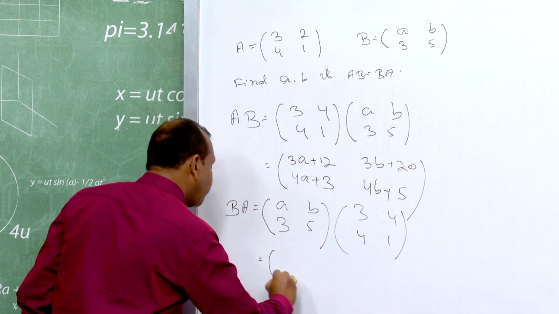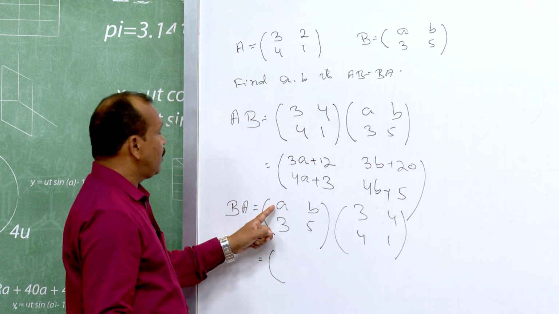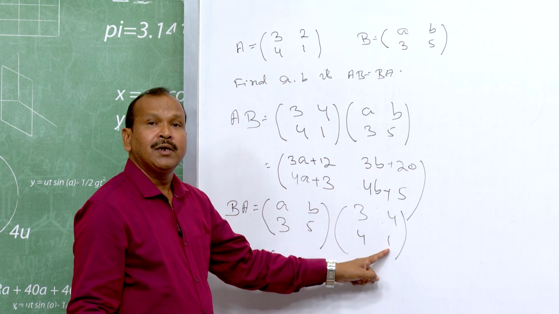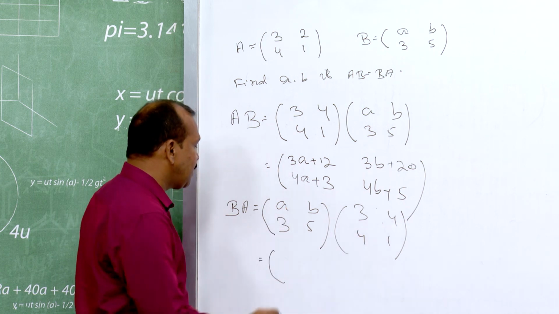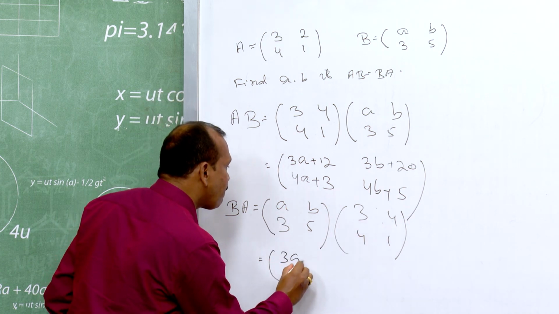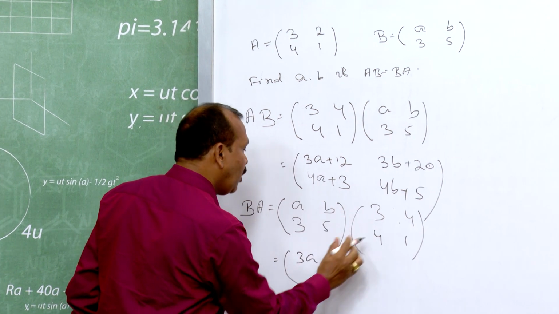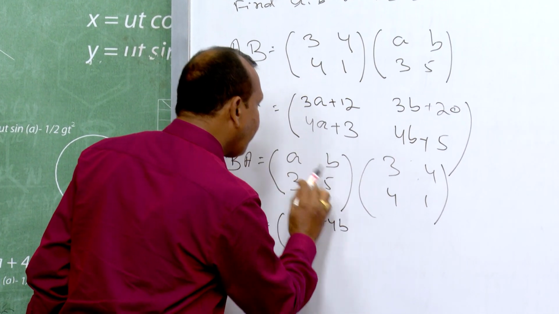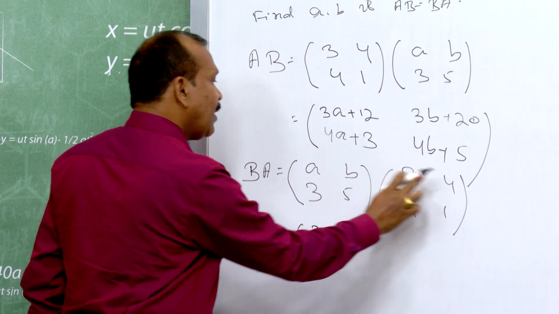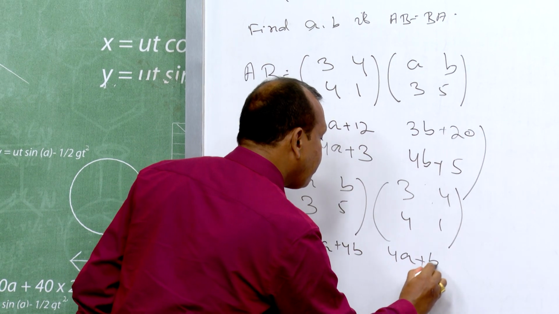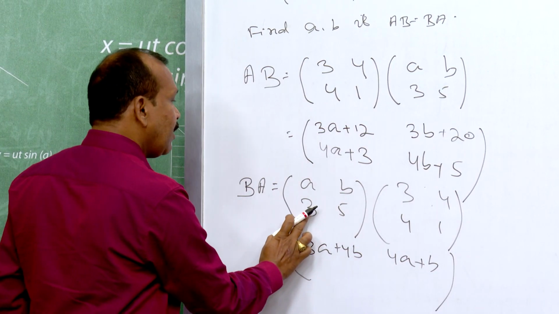Then we take the first row of the first matrix with the first and second column of the second matrix. That becomes 3a plus 4b, then 2a plus b.